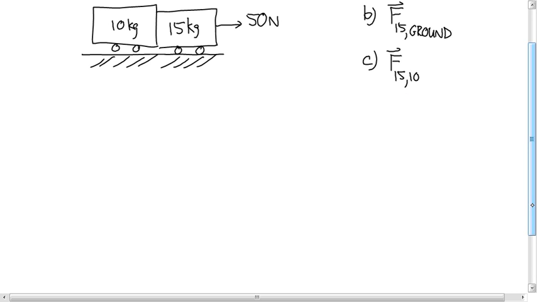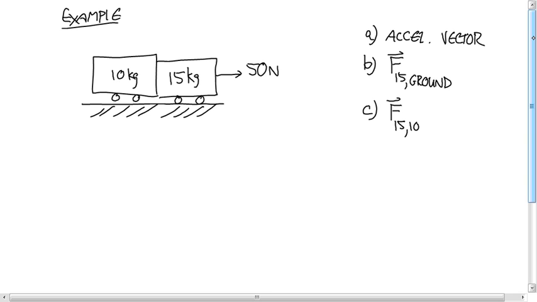For the acceleration vector, we're going to isolate the whole thing. One thing we have to figure out is, are these two carts pulling on each other or pushing on each other? Well, if this 50 Newton force was acting over here, so we were pushing the 10 kilogram cart, it would push into the 15 to make them both move to the right.